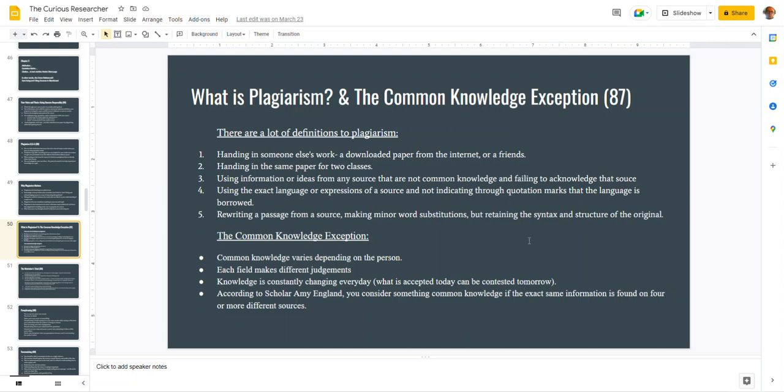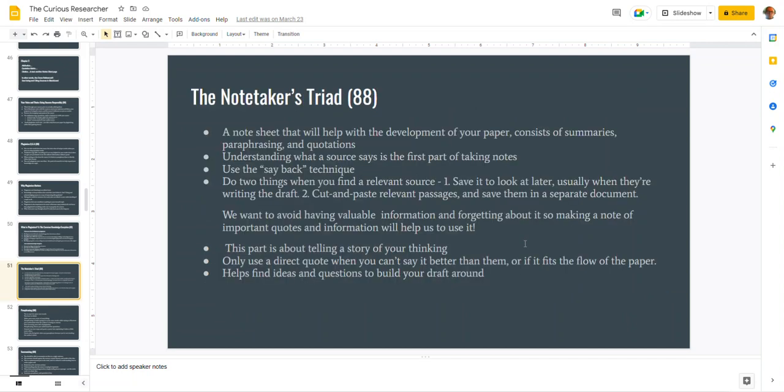The common knowledge exception is something you might want to read in the textbook. Take a good hard look at what is considered common knowledge. In those instances, it doesn't have to be cited. So you want to make sure that you're aware of that. Once again, we've all done the discussion board and looked at that note taker's triad about paraphrasing, summarizing, and quoting. That's the purpose of the double entry journal, for you to start working with some of the sources. I suggest that you even work with several other sources to pull together the kind of evidence that you need for your research essay.